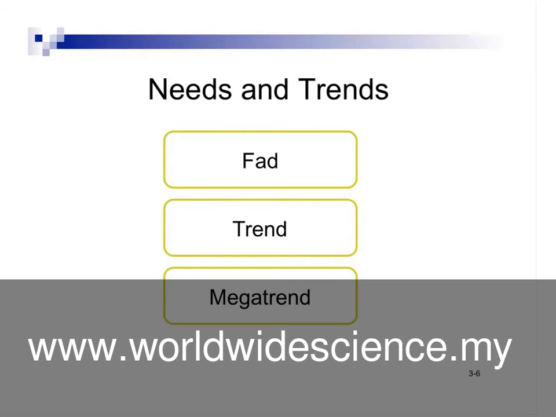Okay, this is very important, needs and trends. You talked about needs and wants and all those, but here we have three major different things that I want you to understand. Basically, a fad is unpredictable, short-lived, and without social, economic, and political significance.